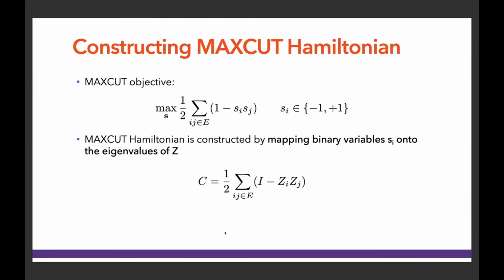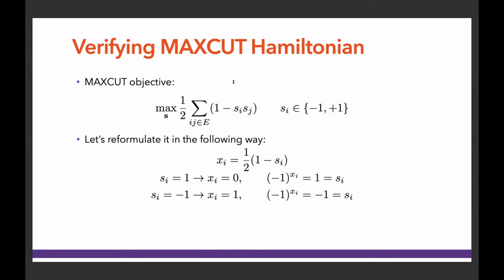Hopefully you're already catching what I'm getting to, but let's still walk through it very carefully and slowly, so we're all on the same page. We're saying that this is going to be our Hamiltonian. We're claiming that this is our desired Hamiltonian. So let's start by reformulating our classical objective. We're going to do a simple variable change, going from si in -1, +1 to xi in 0 or 1.